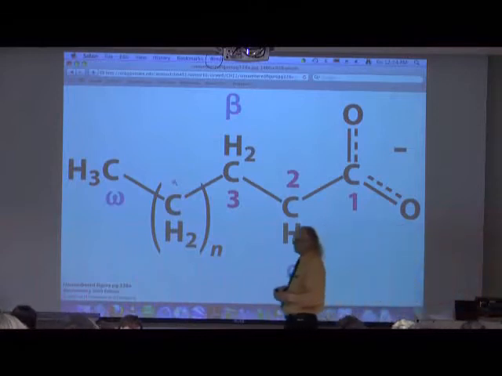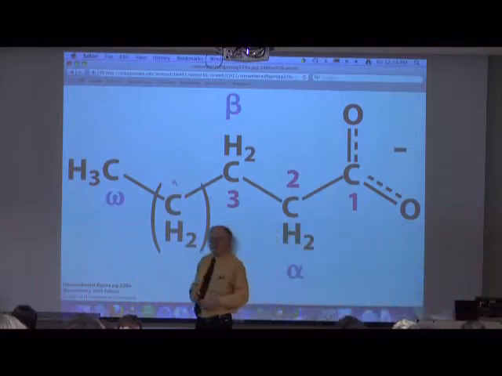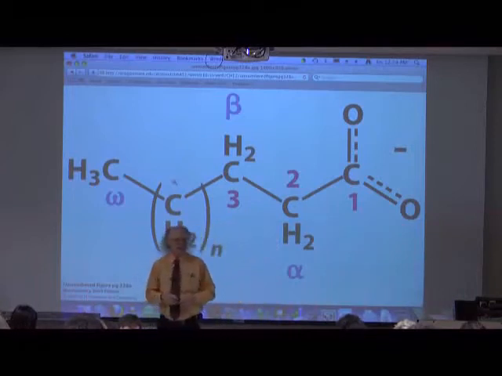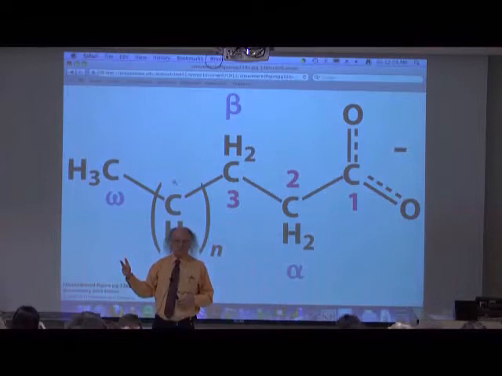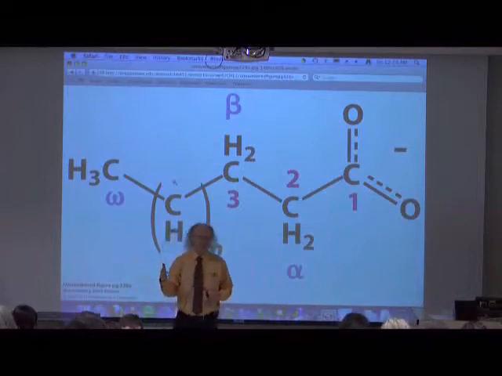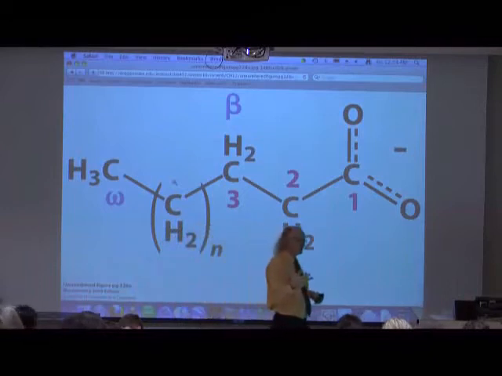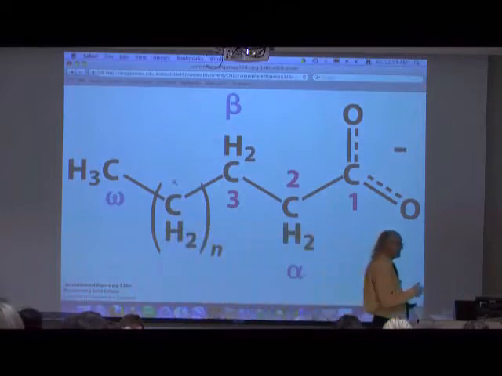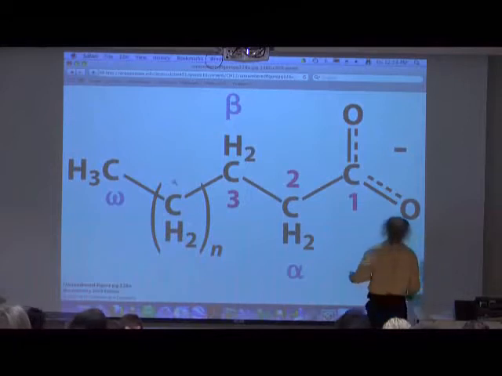So, for example, if we talk about an essential fatty acid like linolenic acid, it's delta 9, 12, 15. We can't make that. We can make a 9. The 9 is oleic acid that you saw before. In fact, I'll show you oleic acid with that numbering again.